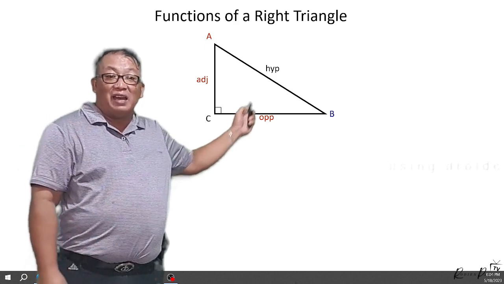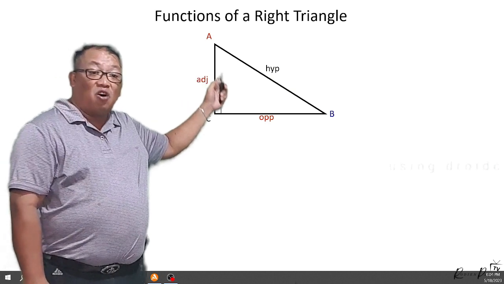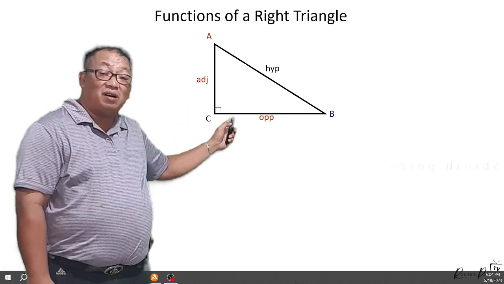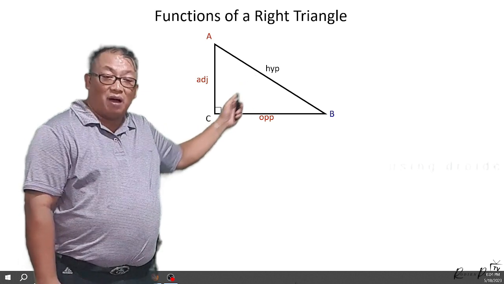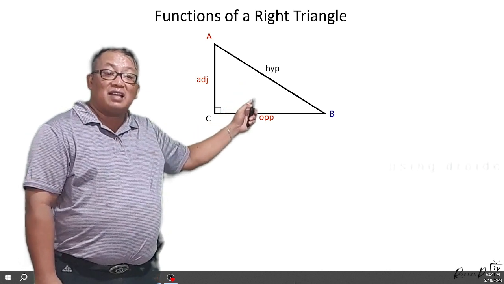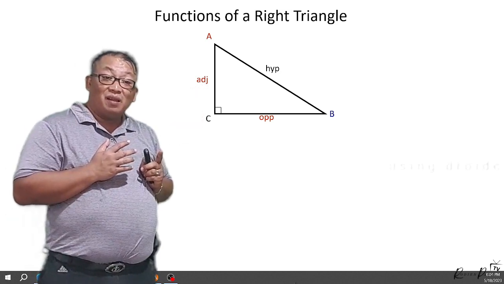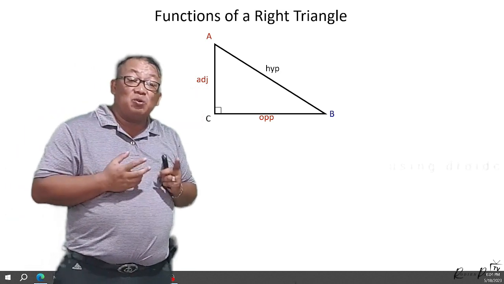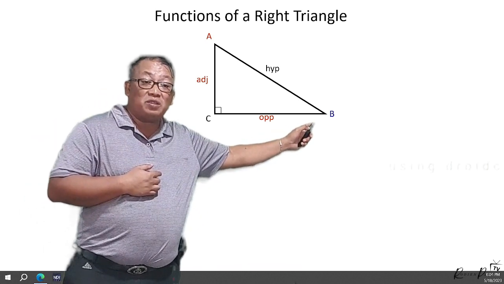Because if you're gonna use the angle A, the opposite, which is red color, is this one, the opposite of angle A. And the adjacent of angle A is this one. But if you would like to use, for example, the angle B, what is the opposite of the angle B?